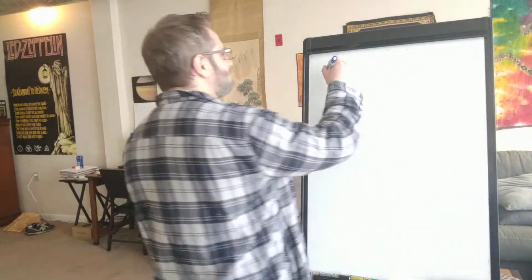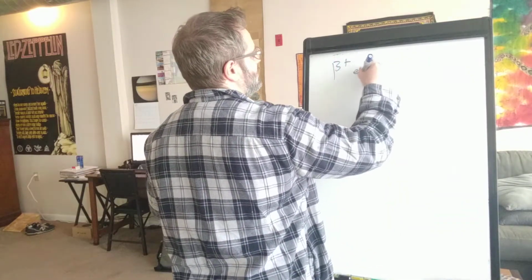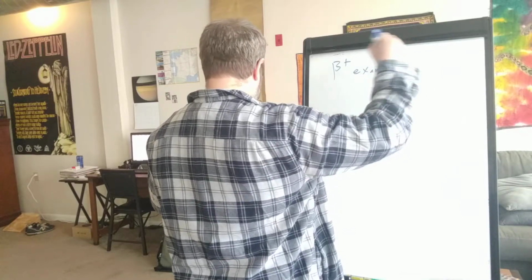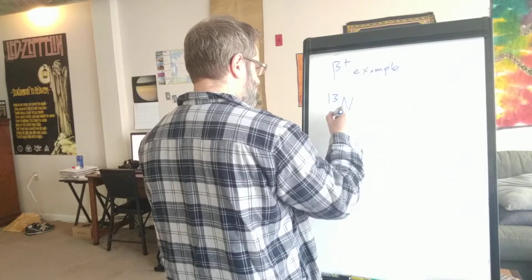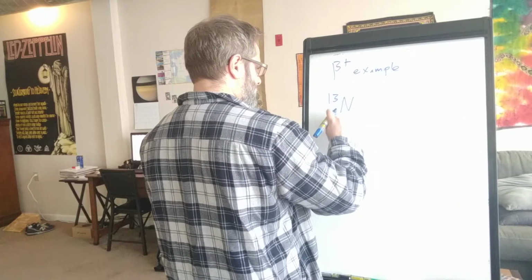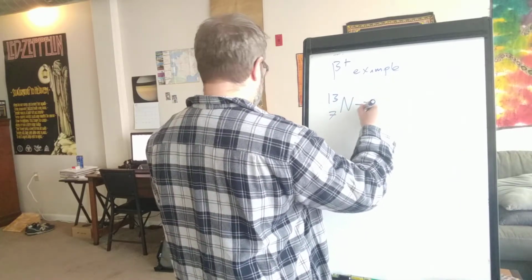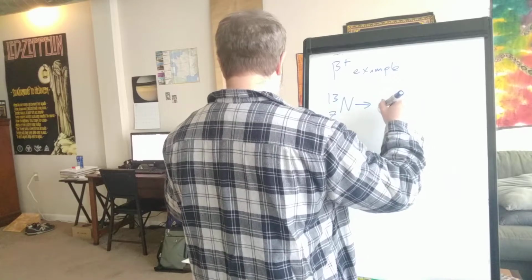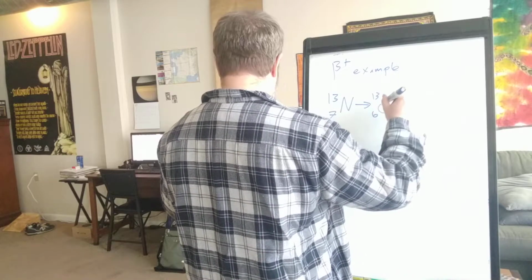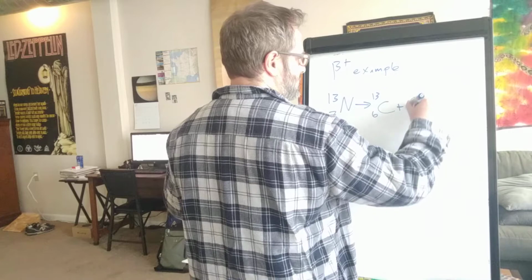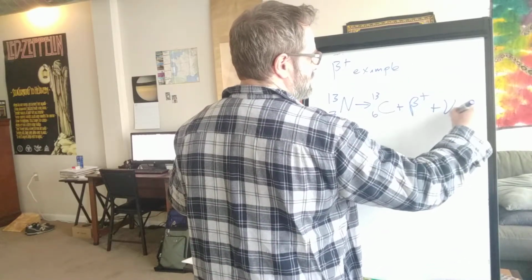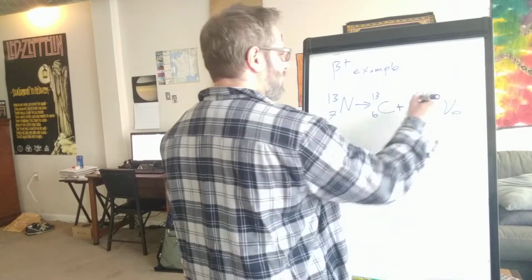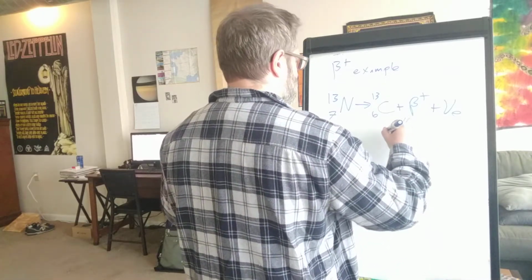So a beta plus example would be nitrogen changing into carbon plus a beta particle and an electron neutrino. So a positive beta particle is a positron.